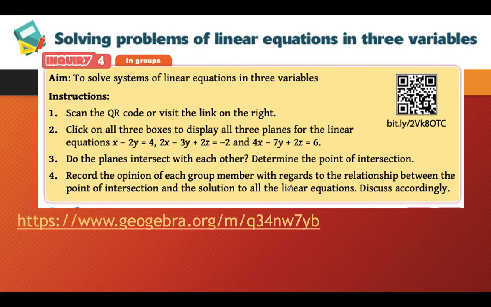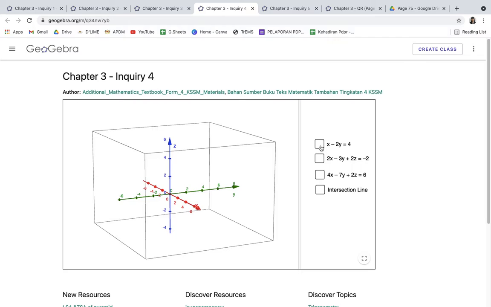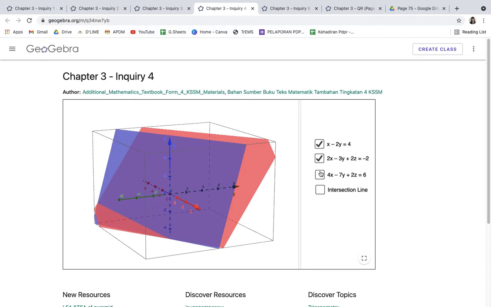Okay, now inquiry 4. Let's see these 3 planes, where do they intersect? Okay, you can see they intersect at a line. You can see this orange color here.